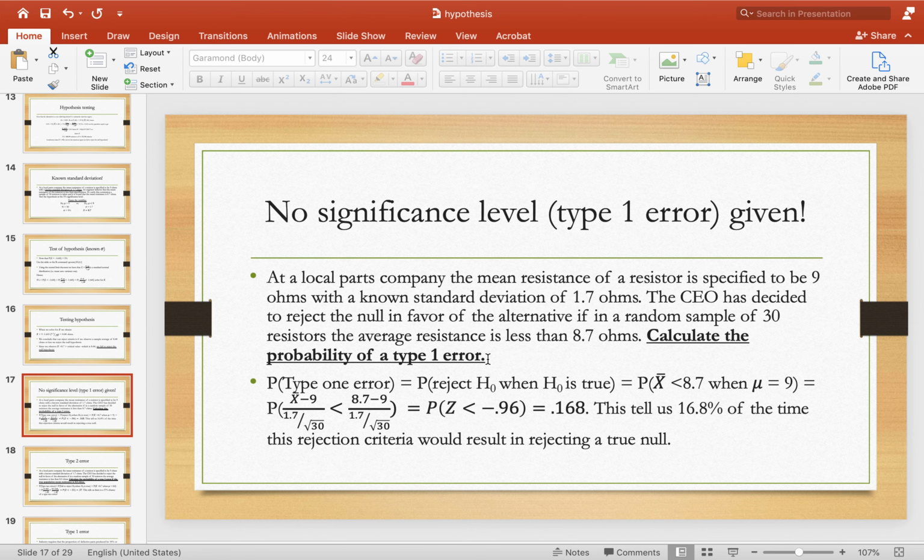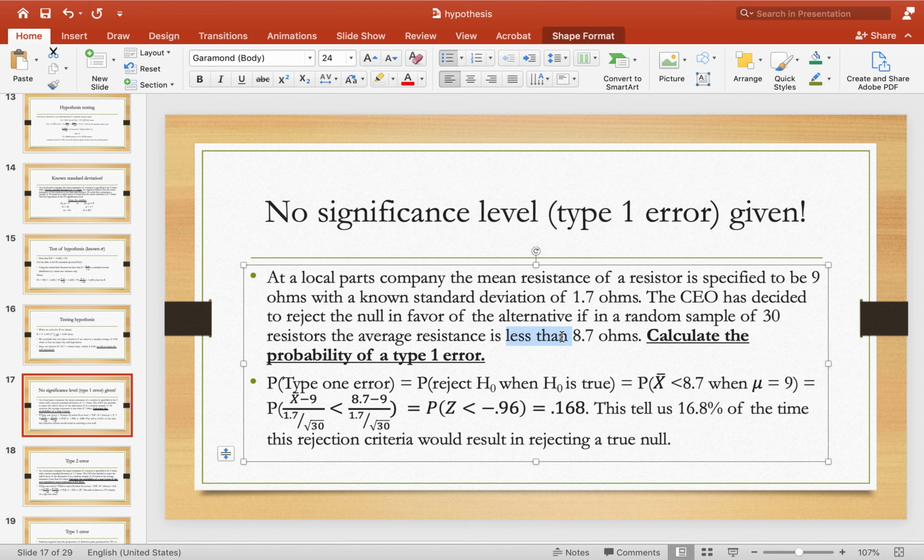Calculate the probability of a type 1 error. And I could have said, is 8.7 ohms or less. It doesn't make a difference because I have a continuous distribution.